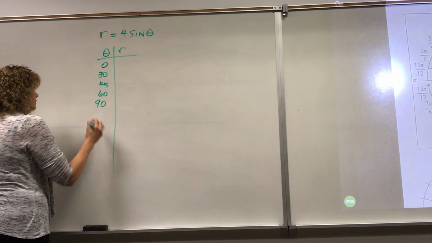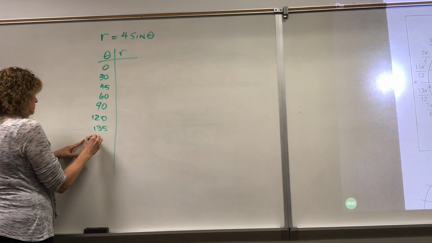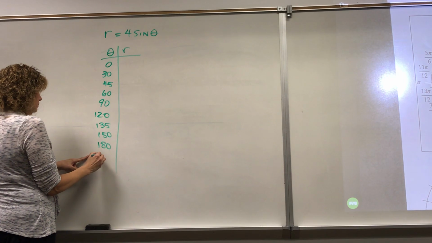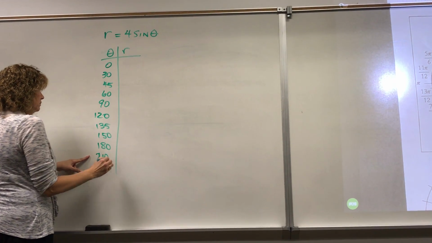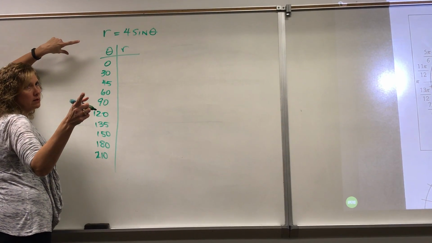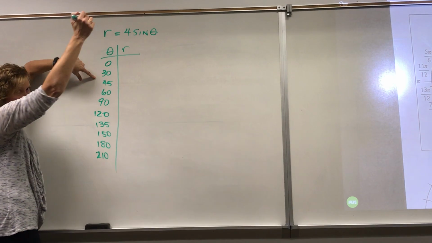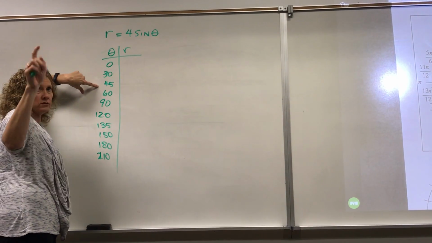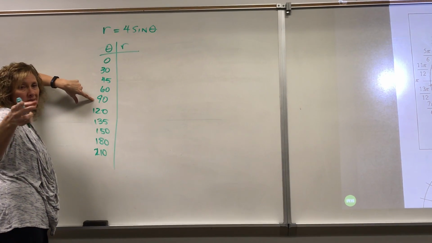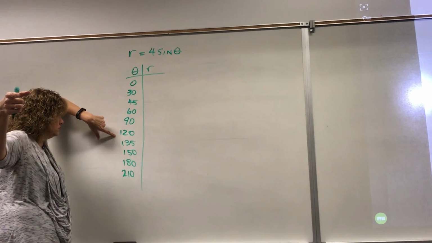120. All right, does everybody have their listening ears on? Because I'm going to give you an angle measure and you're going to have to punch it up. Emily, 0. So you're going to plug in 0, take the sine of 0, multiply by 4. Sawyer, 30. Lauren, 45. Britt, you're going to do 60. Tiago, you got to use your calculator. You're going to do 90. Sarah, 120.